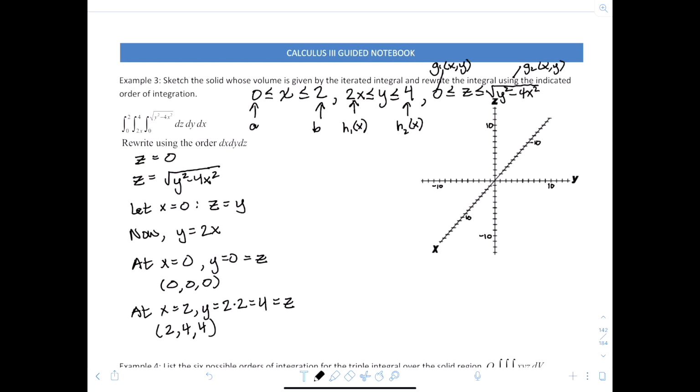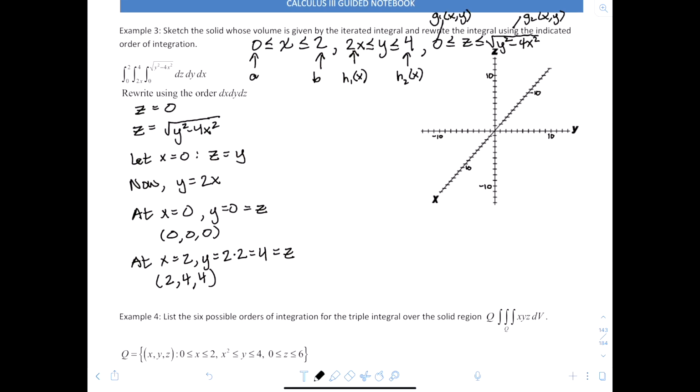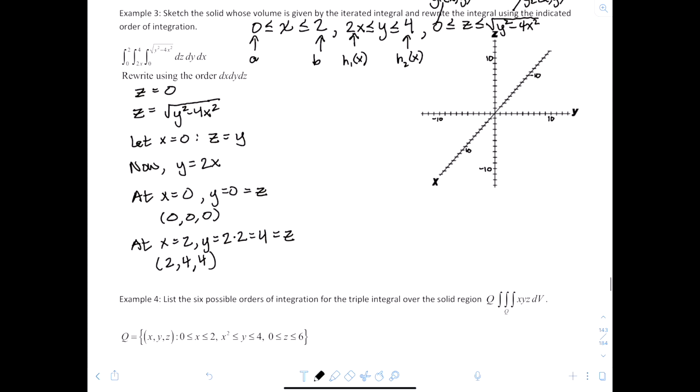All right. So let's see what else we need to think about. We also know that y is 4, right? I'll write it right here, and y is 4. So now we want to write x in terms of y and z.